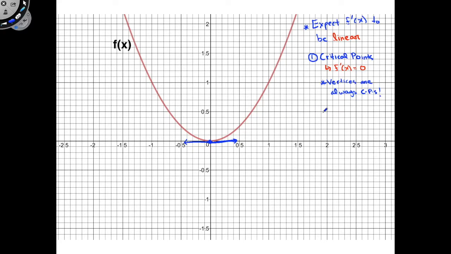So now that we have our critical point, we're going to evaluate f prime of x around critical points. Okay, and before we go do that, here's why we actually evaluate the critical points first.